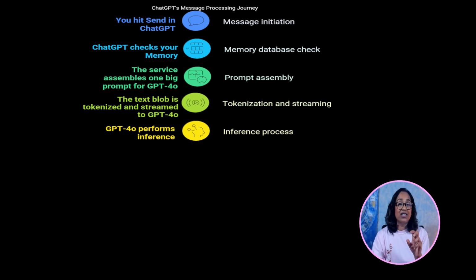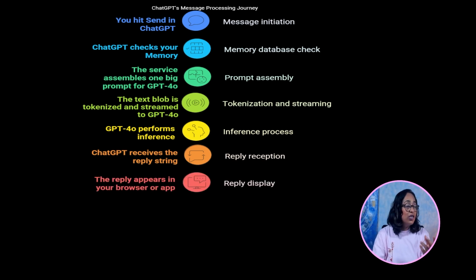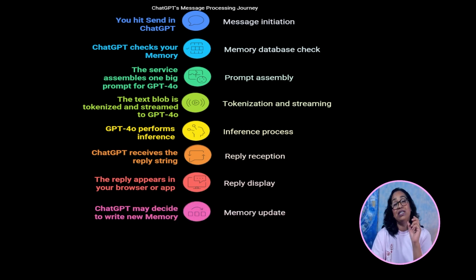Once all of the inference is done, it collects all the tokens and sends them to GPT. Remember, it has to detokenize it. It detokenizes and then displays in your browser. So that's the first step. The next step is GPT sometimes decides to update its memory. Let's just say I have the image and I say, pink is my favorite color.